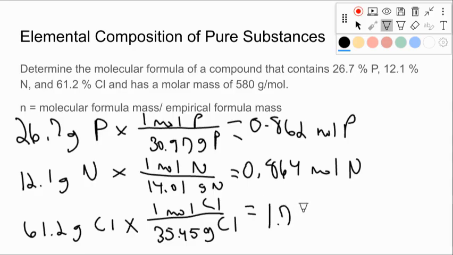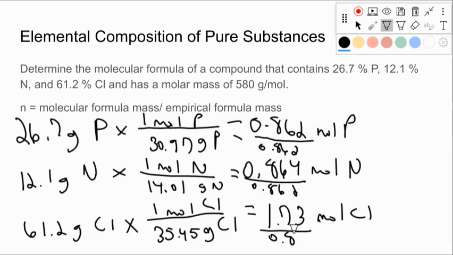And that comes out to 1.73. Divide through by the smallest, which is the 0.862. So this is going to automatically come out to 1. 0.864 divided by 0.862 comes out to 1.00, so it comes out to 1.